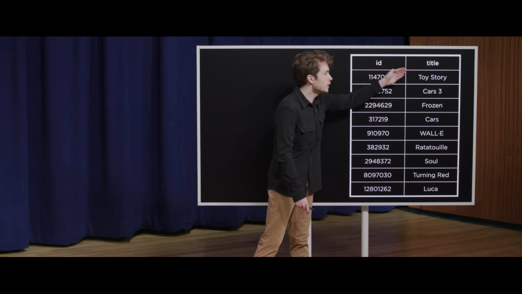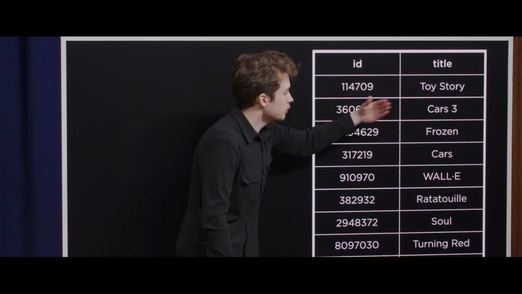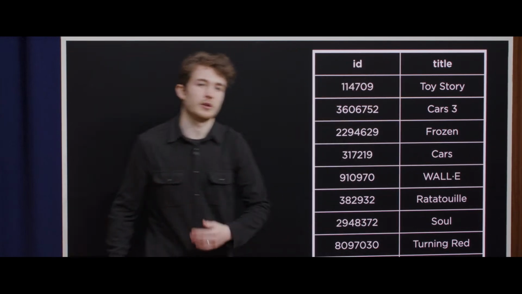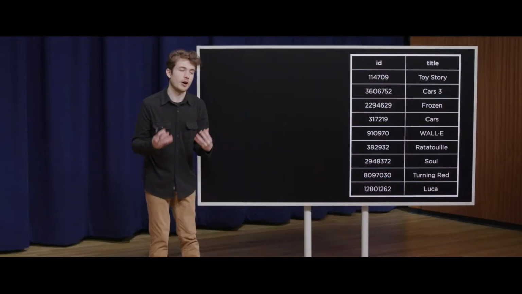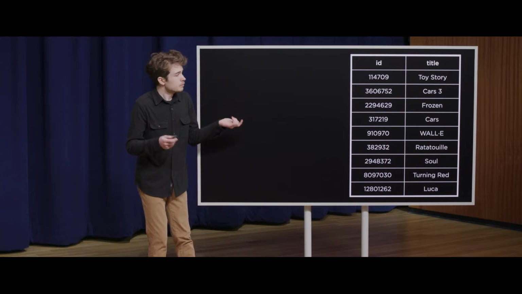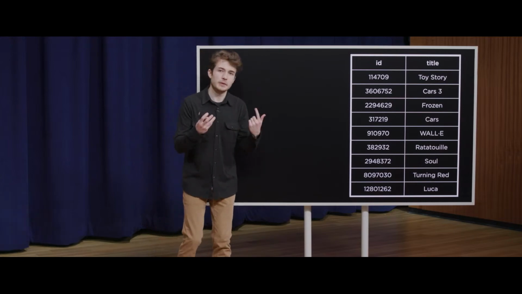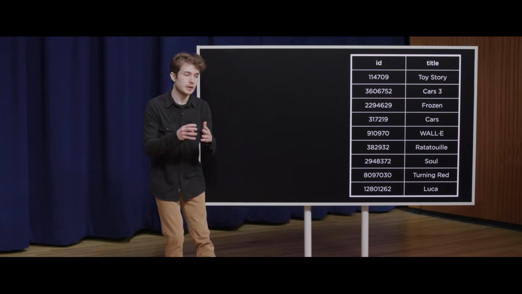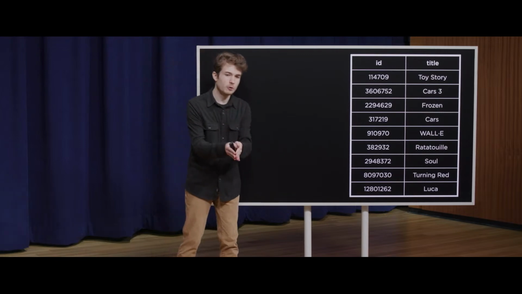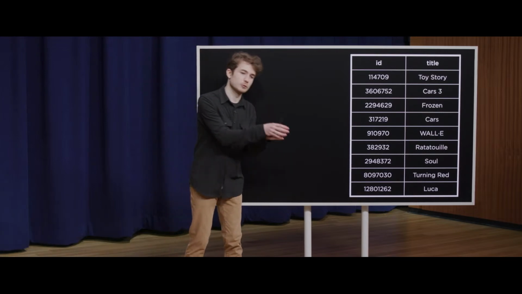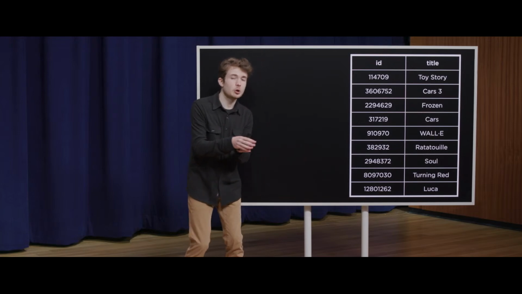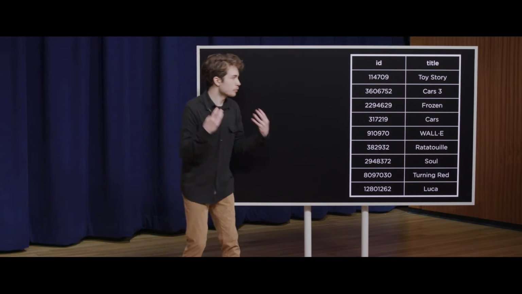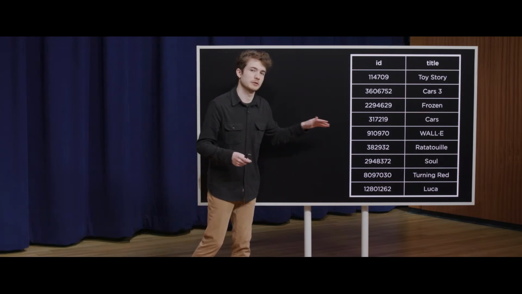First look at Toy Story, then look at Cars 3, then look at Frozen, all the way down to the bottom. I can only scan this column, so to speak. But I know I could probably do a little better if the data is sorted. If the data is sorted, I could look roughly in the middle, and if I've gone too far, go back a little bit. Or if I haven't gone far enough, go forward a little bit, and do a fewer number of lookups to find the data I'm looking for.